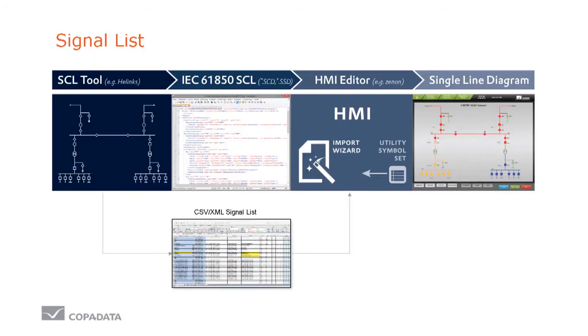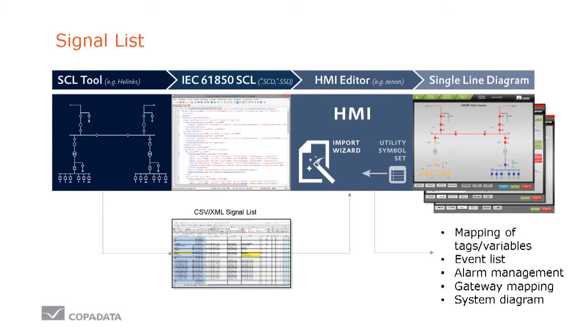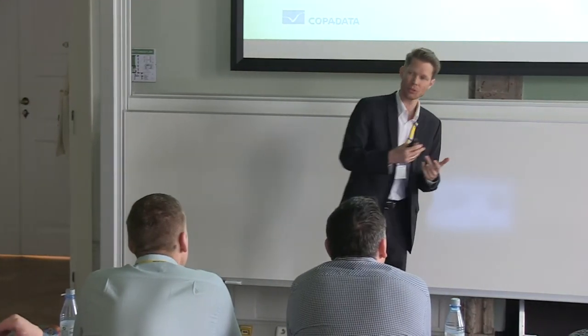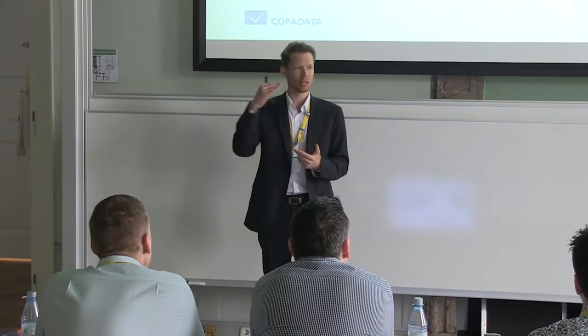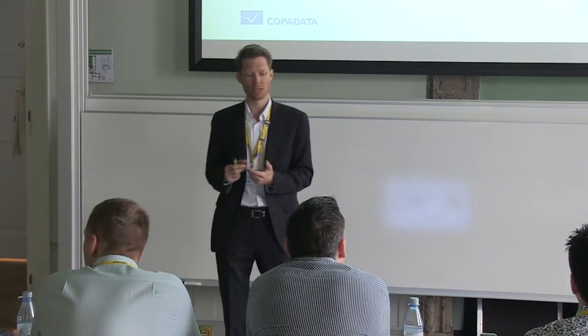With this signal list we get all the information that is missing in the SCD file. And with that additional information we can then make a 100% mapping of the variables. We can then also create an event list, or even the content of the event list, because we have the limits and thresholds available.